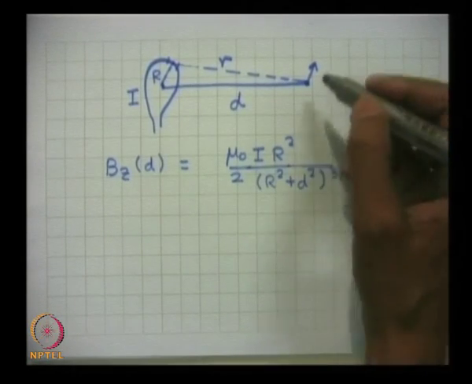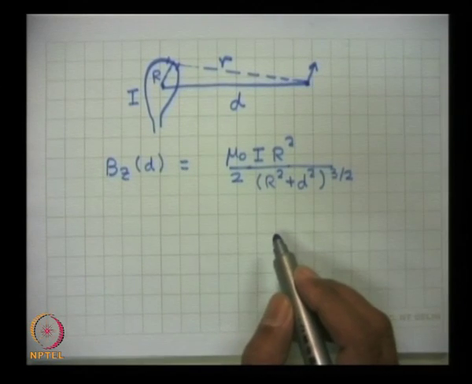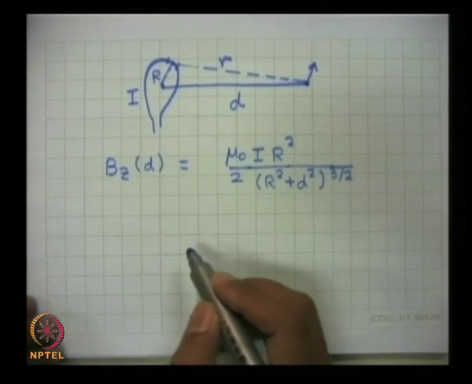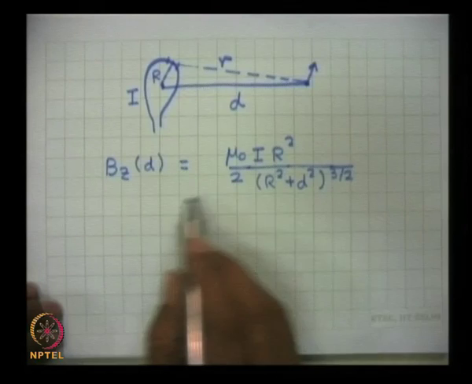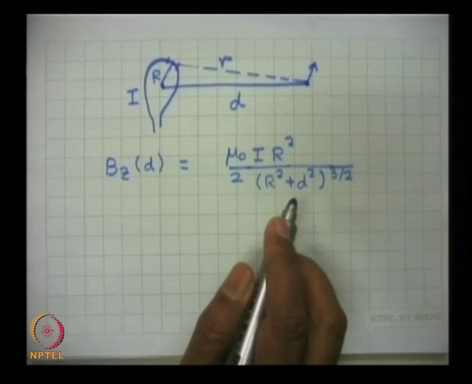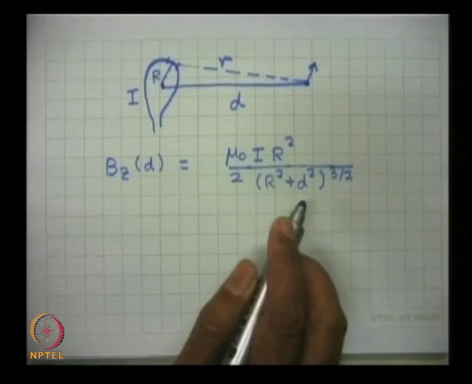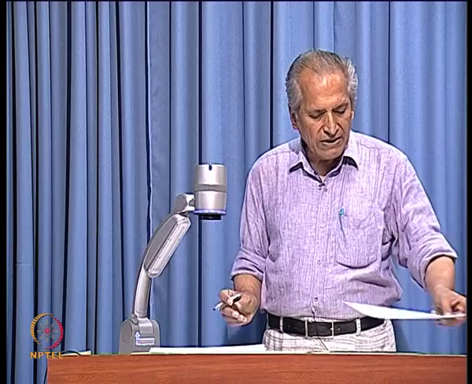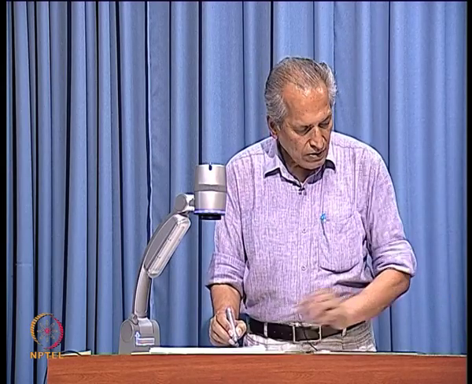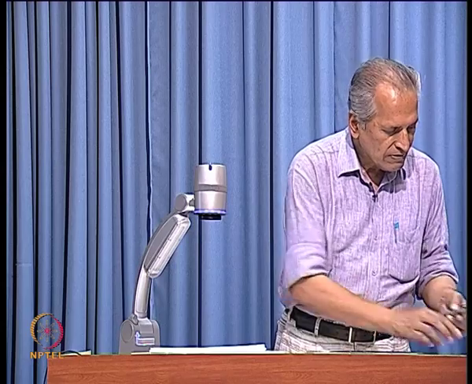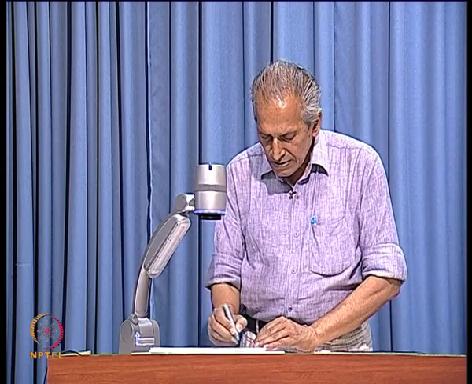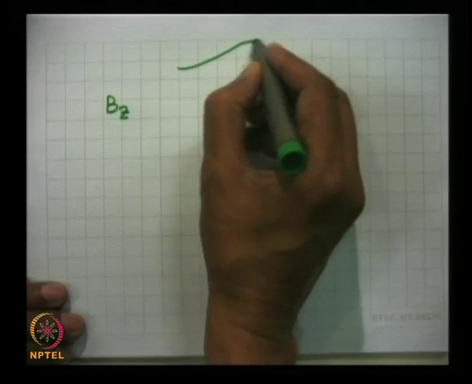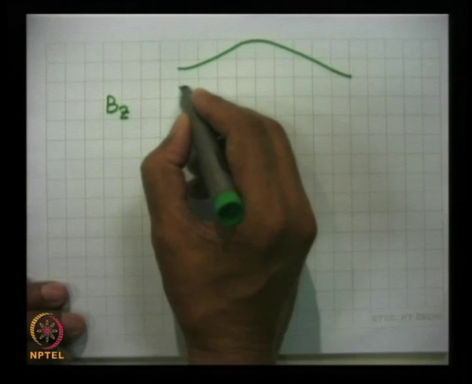To calculate the magnetic field at any point in the vicinity is quite complicated. If I want to use the Biot-Savart law, it will be complicated. So, let me write down the magnetic field due to the mirror coils on the axis of the machine. Let us keep this in view: your mirror is like this.